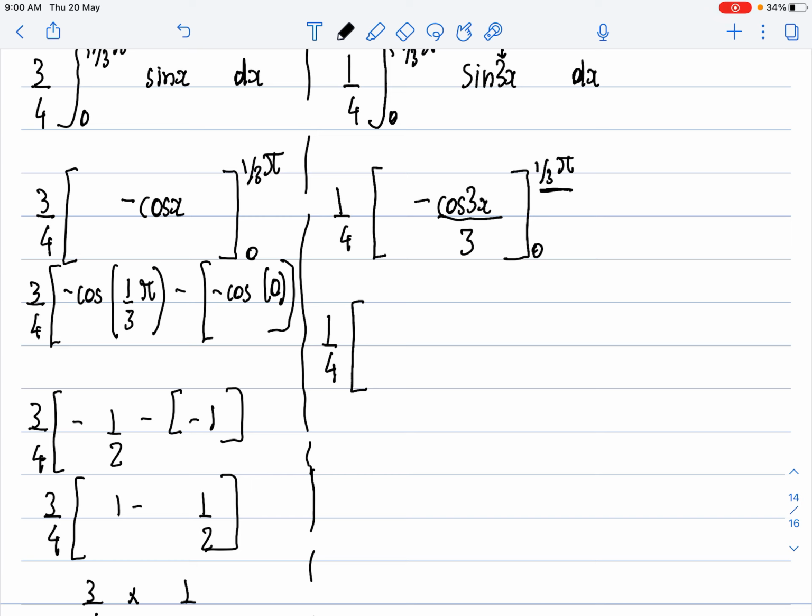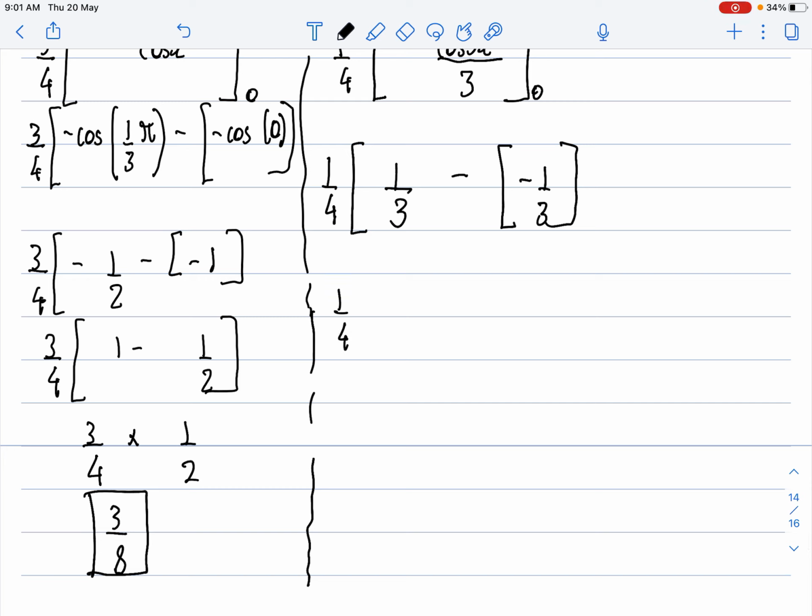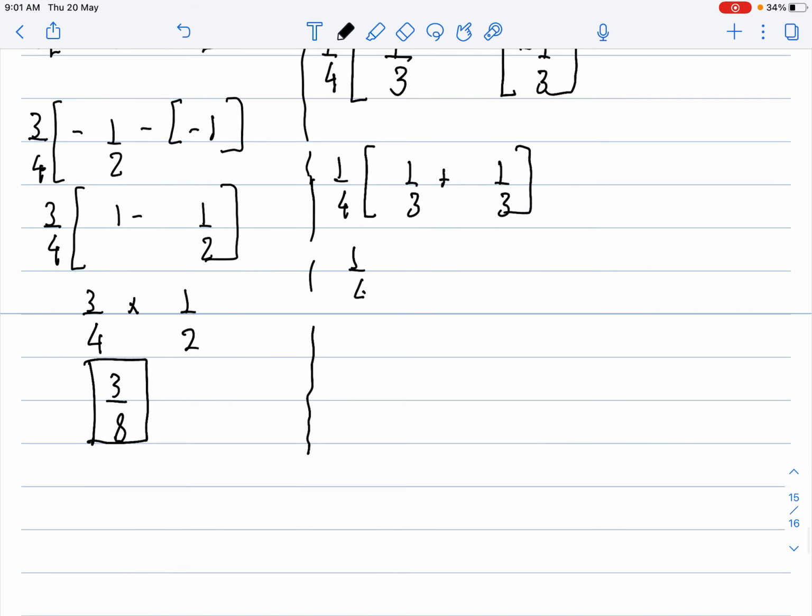So minus cos 3 into 1 over 3 pi. When I do that, I get my answer as 1 over 3, minus, now I put minus cos 0. So when I do that, I get my answer as minus 1 over 3. So the answer I get here is simply 1 over 4 with 1 over 3 plus 1 by 3, where I simply get 1 over 4 with 2 over 3.